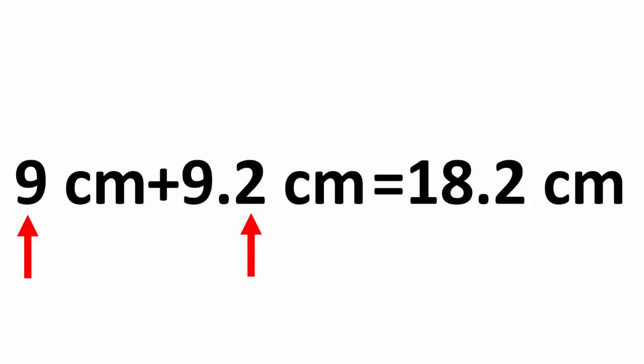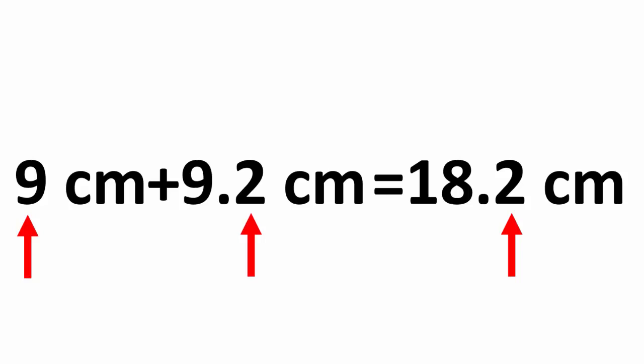If we keep the answer as 18.2 centimeters, we are saying that the answer is accurate to 1 millimeter. This cannot be true, as one of our lengths is only accurate to a centimeter. Making the answer more accurate means that we have arbitrarily increased the accuracy of one of the measurements and have made that measurement more accurate than it really is.